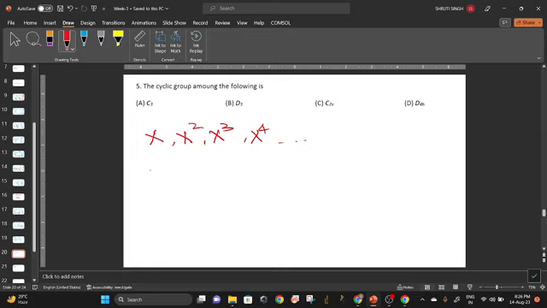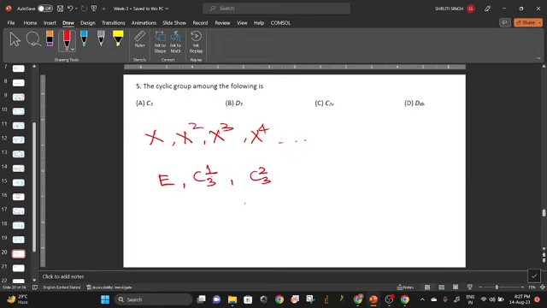C3, the symmetry elements are E and C3 itself, and since C3 is there, means C3 1 is there, so there should be C3 2. C3 comes with two operations, clockwise and anti-clockwise.